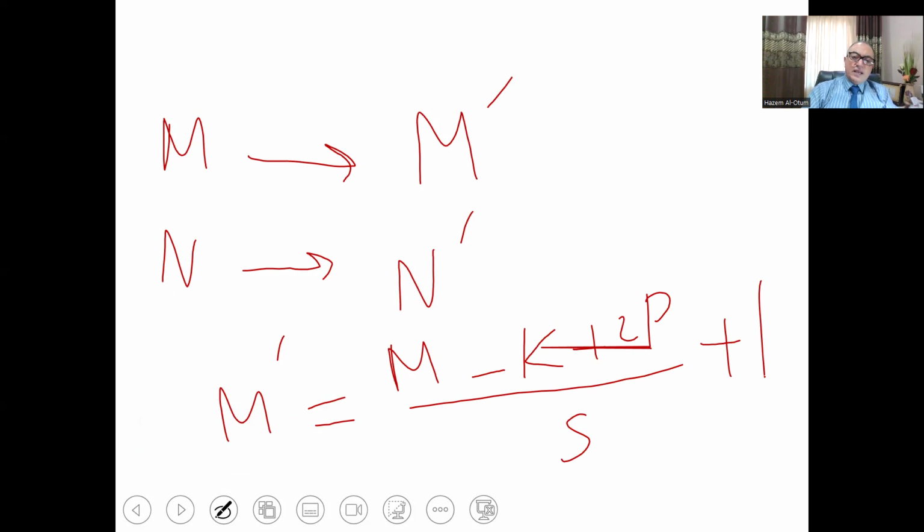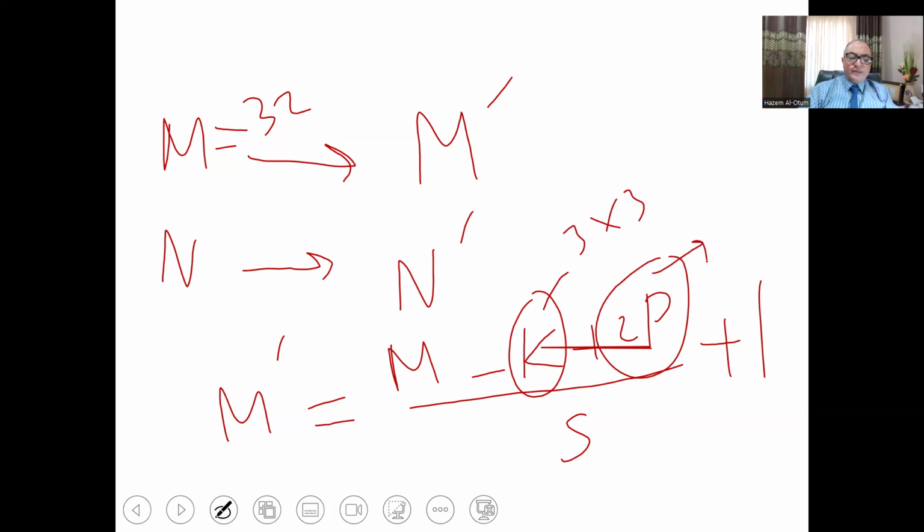Suppose that you have m equals, let's say, 32, k is 3 by 3, p padding, let's say we have no padding, so we have 0, and let's take a stride of 1. What will be the output m dash, or m prime?